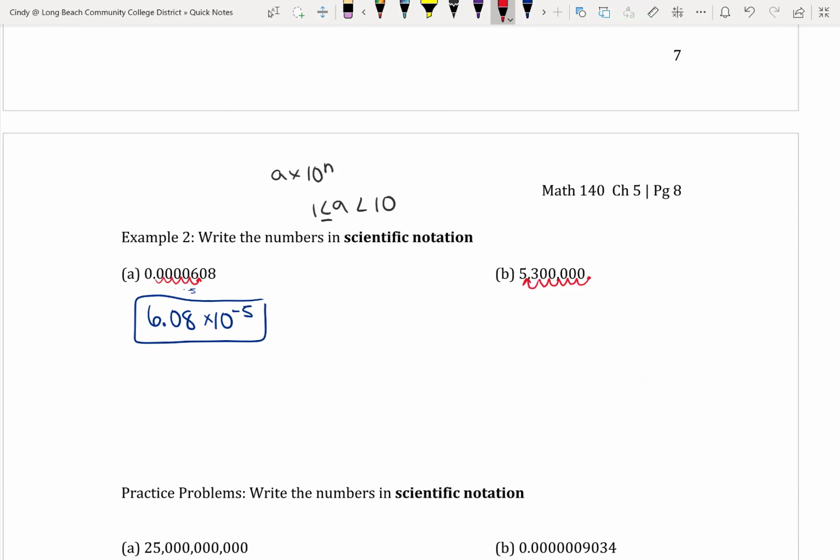So it has to be there. So now I know that I have 5.3 times 10. And you don't have to write all the trailing zeros. That's way too many zeros. So let's see how many times we actually moved it. It looked like we moved it 1, 2, 3, 4, 5, 6 times. So it's 5.3 times 10 to the 6th power. Okay.